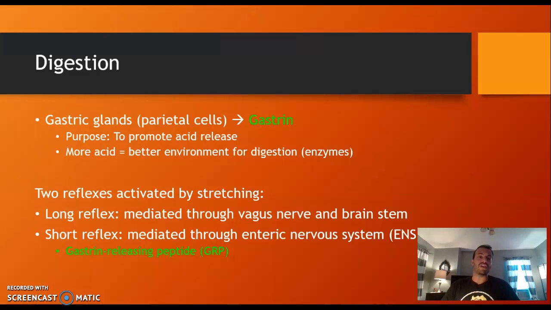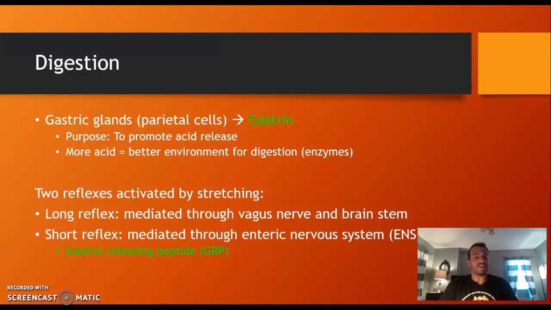Getting further into digestion, gastric glands, or the parietal cells, get stimulated and release a substance named gastrin. Gastrin's main purpose is to promote acid release in the stomach. Why do we care about acid release? The acid promotes a better environment for digestion, and I'll get into how that environment helps enzymes operate and break things down under more optimal conditions.